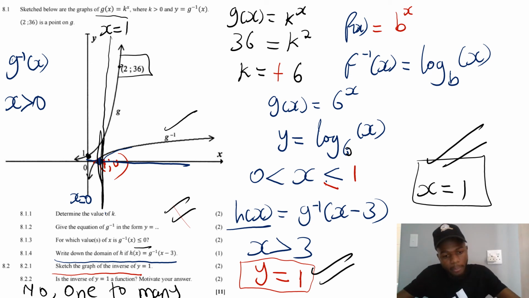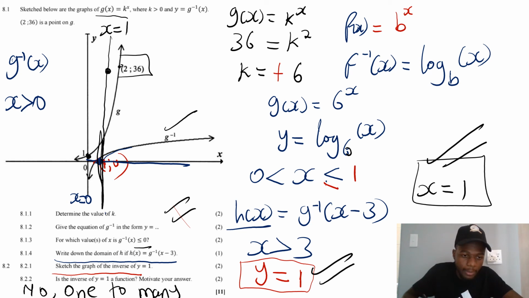So we have 1 to 1, many to 1, and 1 to many. 1 to many is not a function. This means you have a single value of x at many values of y, like many values of y sharing a single value of x.